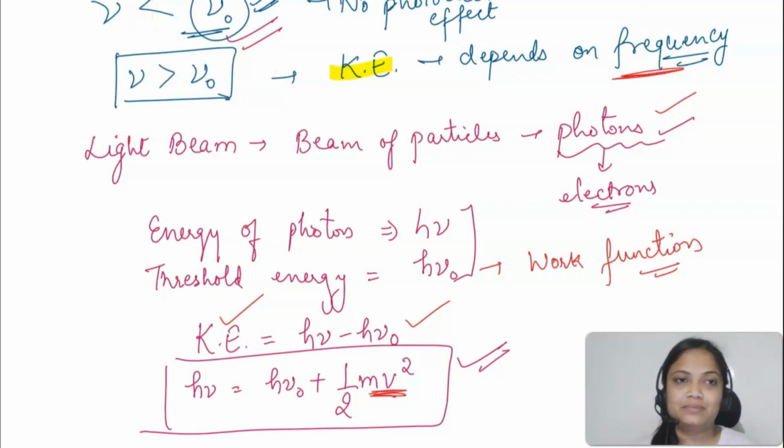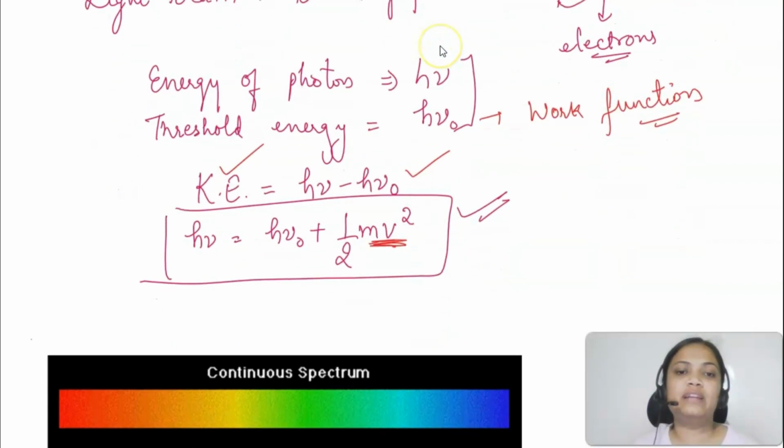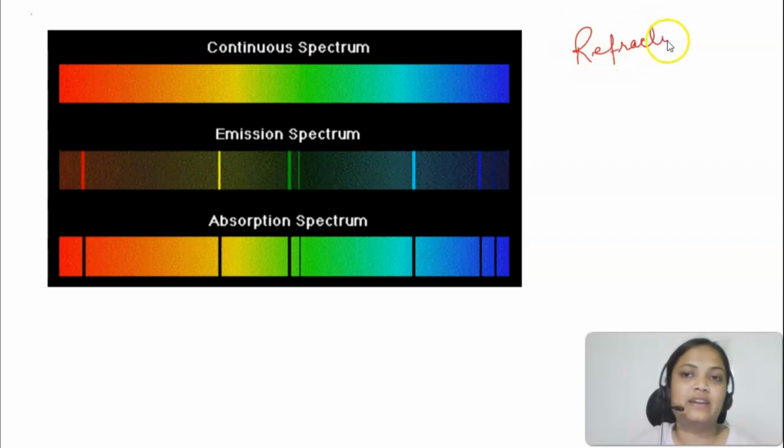Okay. So now, students, we will be seeing the line spectra of hydrogen. But before that, I want to tell you a little bit about the continuous spectrum, emission and absorption spectrum. You know that when light goes from one medium to another medium, it gets refracted. You have studied the refraction of light, right? And you have studied that when light passes through a prism, it splits up into 7 colors, right?